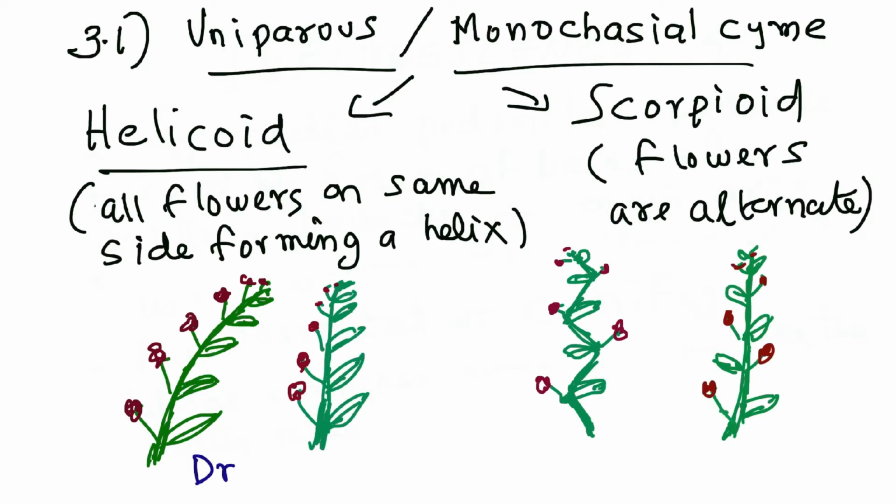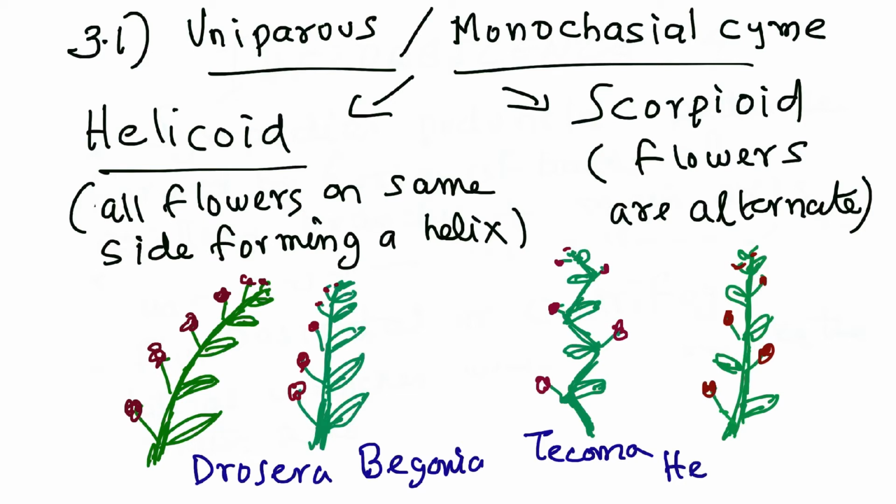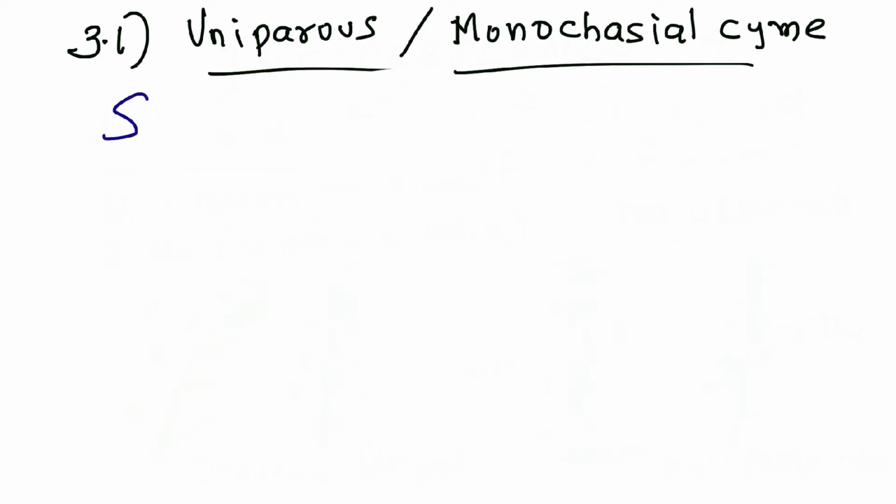And lastly, in this particular case, let's look at the notable examples. For helicoid, we have Drosera and Begonia, and for the case of scorpioid, we have Tricho​ma and Heliotropium. So that's about the monochasial cyme, which is a division of the Cymose Inflorescence.